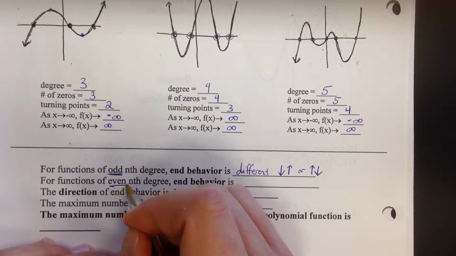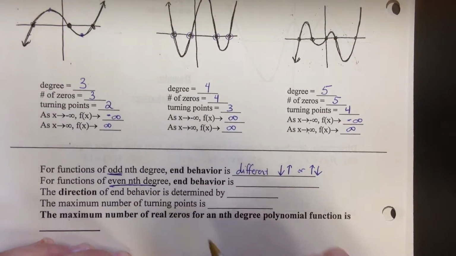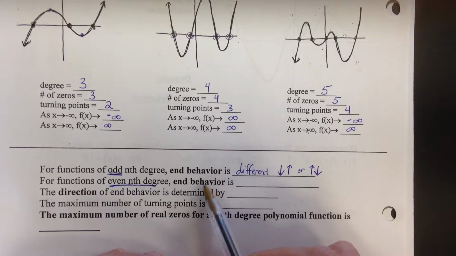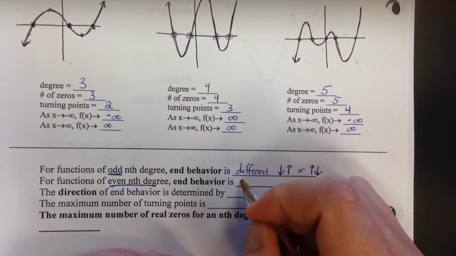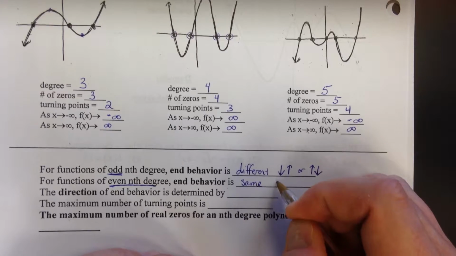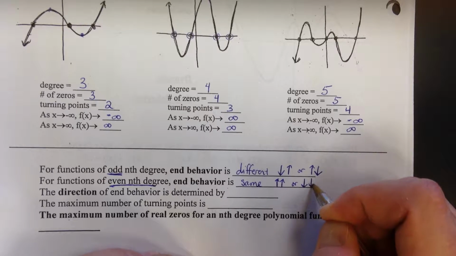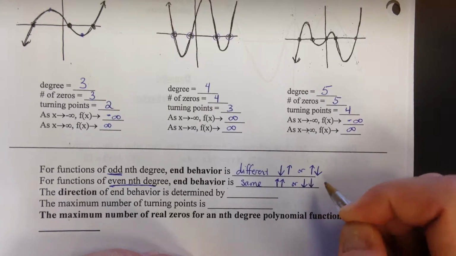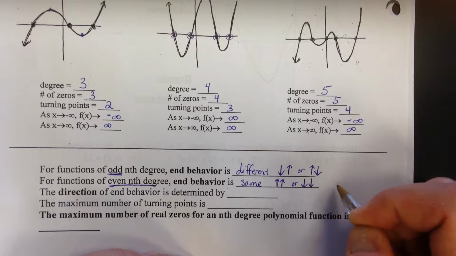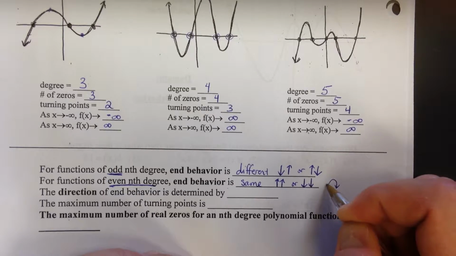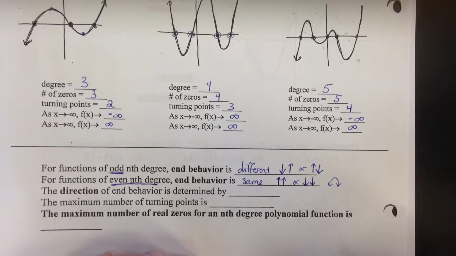When it's an even nth degree, squared, to the 4th, end behavior is always going to be the same. So that means they're both going to be up, or they could both be down. If it was a negative x squared, then both end behaviors for a parabola would be pointing downward like that.